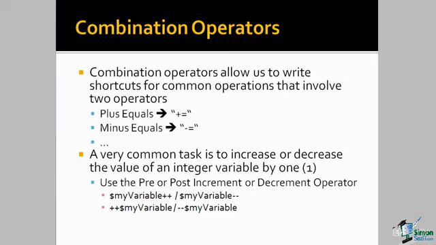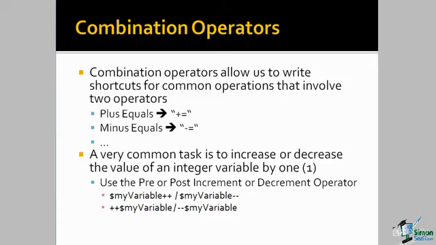One of the things that we do a lot, especially as we'll see in controlling loops, is adding a 1 to a value. And so there's a very short shortcut that we use for that. And again, in this example, we could say my variable equals my variable plus 1.